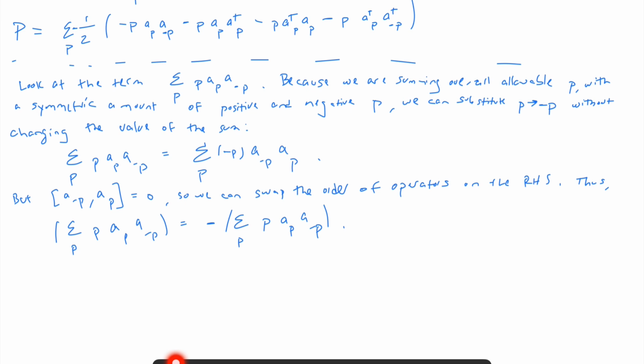We treat it almost like a real number. So we can swap a p and a negative p on this side. On the left side, I still have this term over here. And on this side, if we take this negative, swing it out front, and swap these two because of the commutator relationship, we get a sub p, a sub negative p.